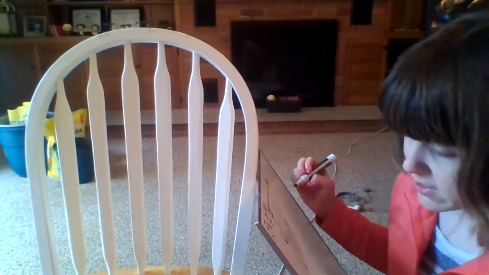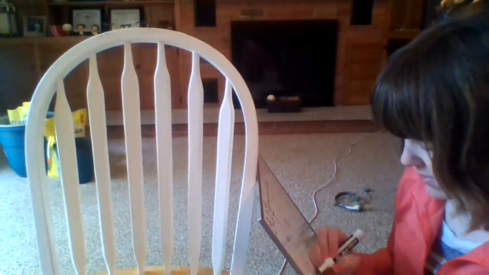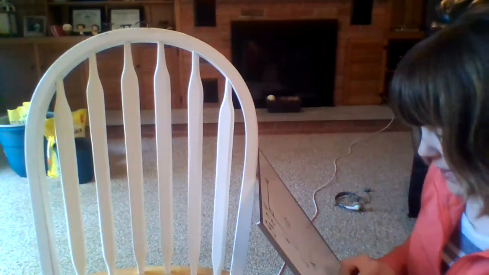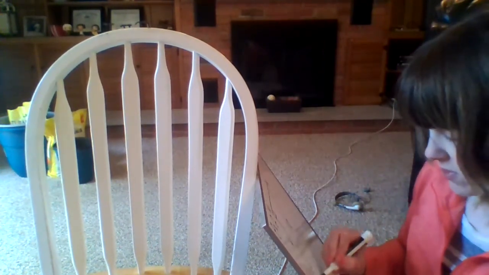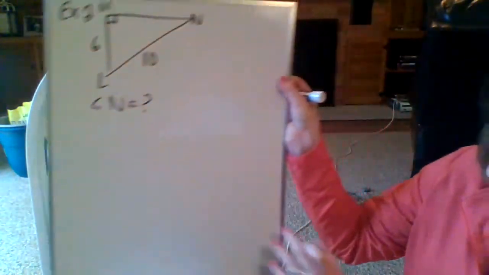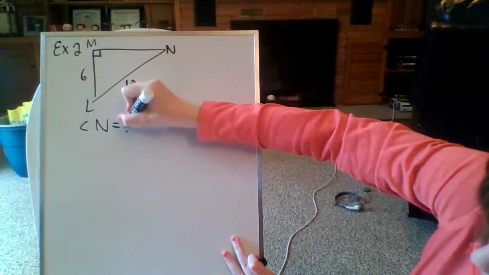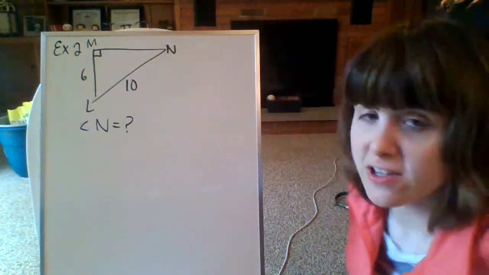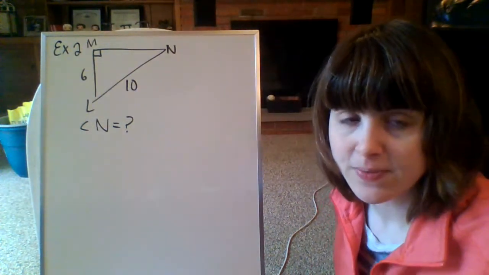Okay, so new triangle, new day, new problem. We're trying to find the measure of angle N. Okay, so let me get this turned around here. Alright, so can you see where angle N is on this triangle?